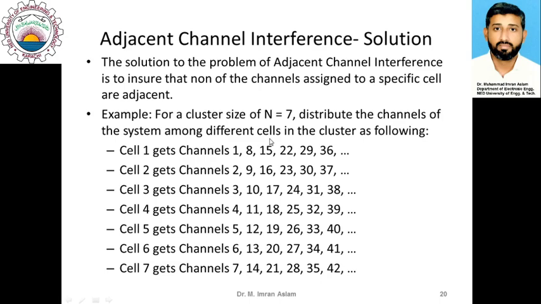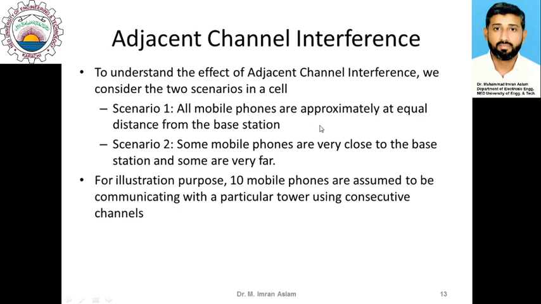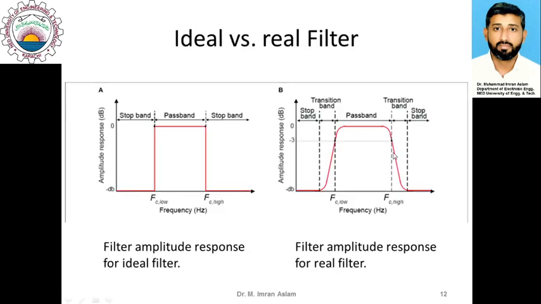If you have a gap of 6 channels, then from the filtering, even for real filters, when we create a gap, the transition goes down, and this effect goes much below the original value.